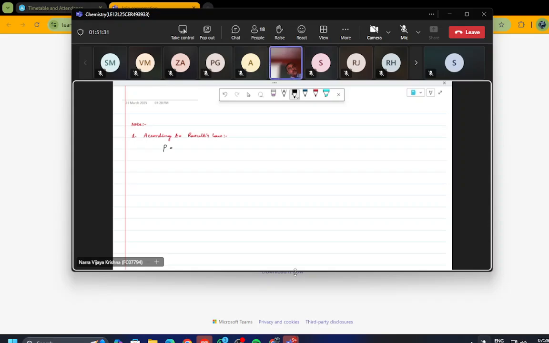P is equal to PA naught into XA plus PB naught into XB. Or I will write PA is equal to PA naught into XA, PB equal to PB naught into XB. Correct, sir? What is PA, PB?